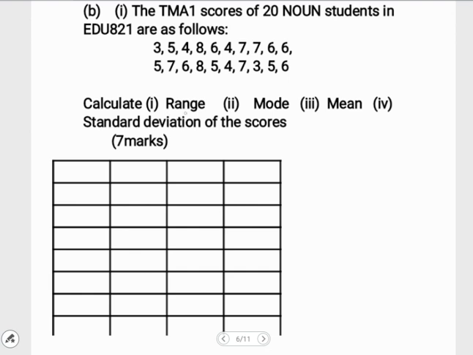The first thing is the range. We know that the range is the difference between the highest score and the lowest score.